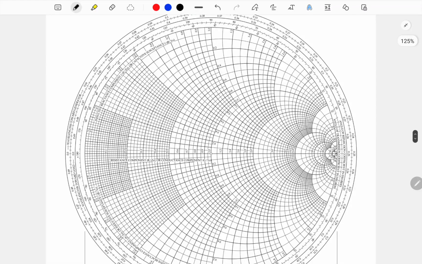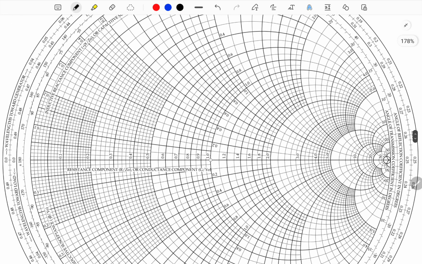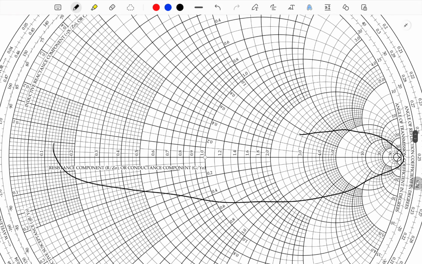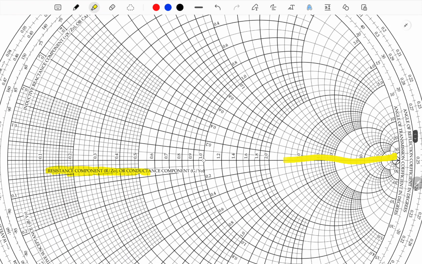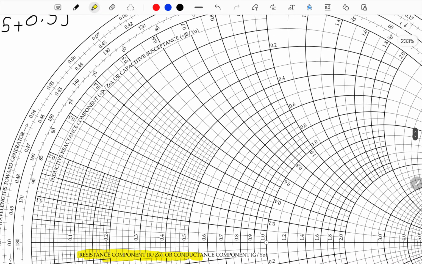So you have 0.5 plus 0.5j. So this is our real axis. It literally says right here, the resistance component is the real, which is this. It's labeled. And the reactance component, the jX, is here.